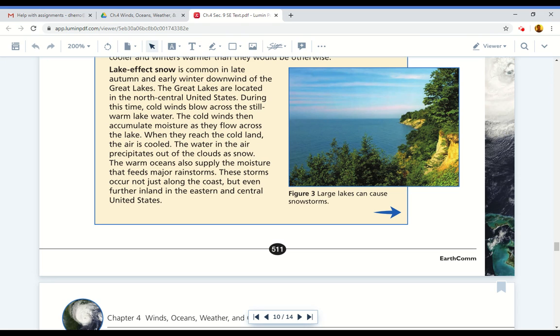When they reach the cold land, the air is cooled. The water in the air precipitates out of the clouds as snow. The warm oceans also supply the moisture that feeds major rainstorms. These storms occur not just along the coast, but even further inland in the eastern and central United States.